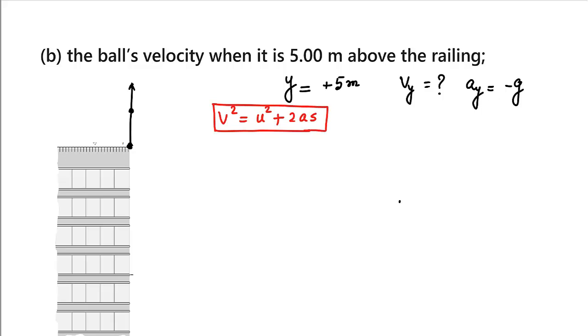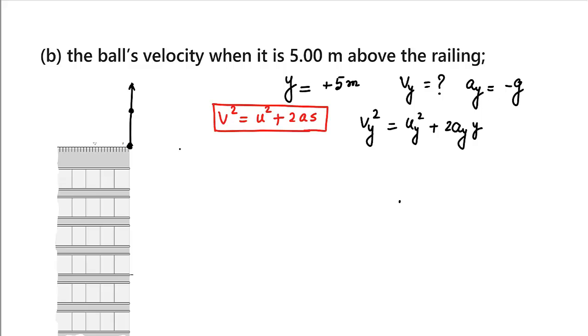I can write the same formula for the y direction, and in that case I will write v_y squared is equal to u_y squared plus 2a_y s, and distance s will become distance in the y direction.